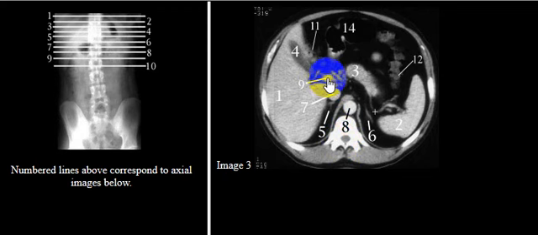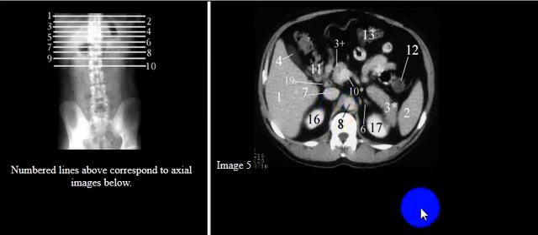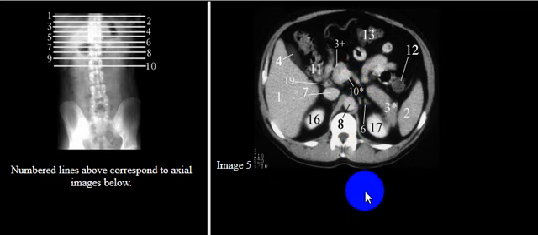And this is the portal vein, and this is the splenic vein, and this is the confluence forming the portal vein, and this is the gastroduodenal artery, which is a branch of the common hepatic artery.